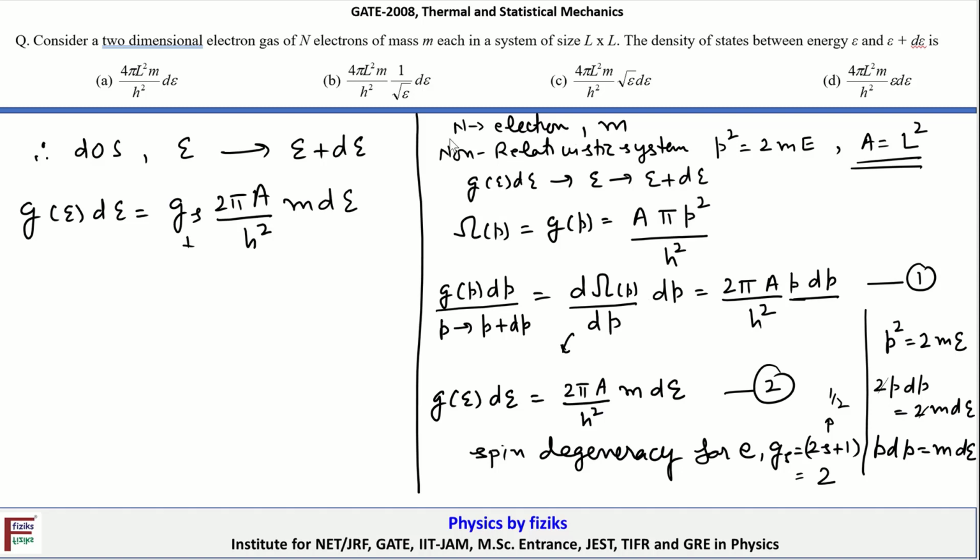So GS is equal to 2. When you substitute this value, we obtain 4 pi A. Now I am replacing A with L square: 4 pi L square M upon H square dE. So therefore we notice that option A is the correct one here.